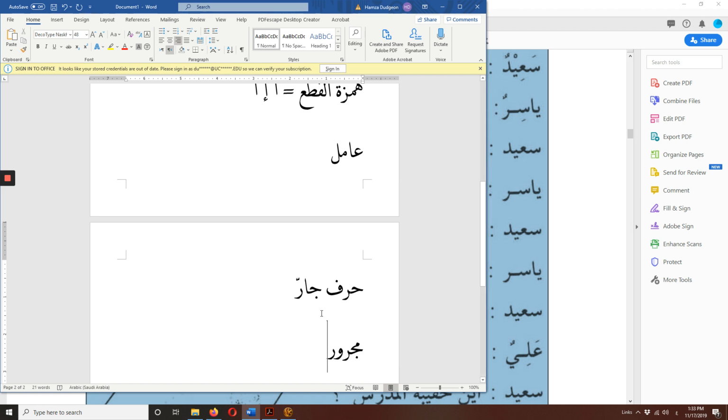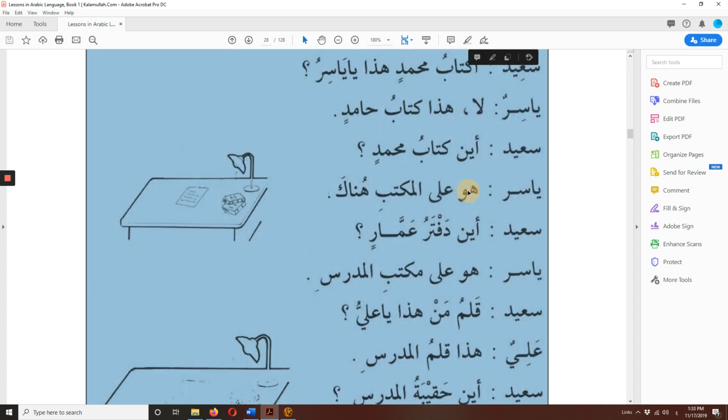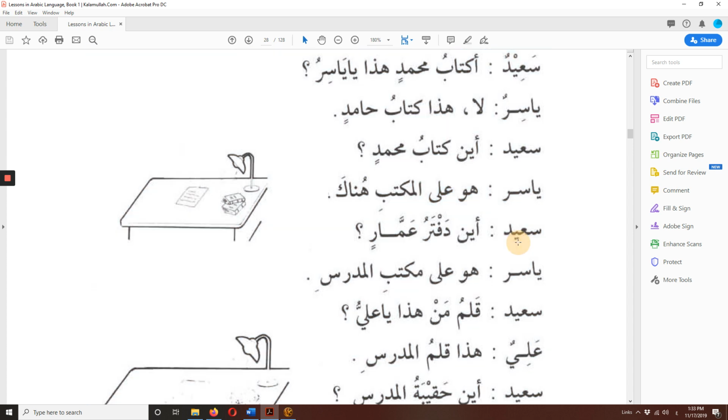Harf jar will make the next word majroor, meaning that it has a kasra or kasratain, like ammarin. So هو على المكتب هناك. So maktab is majroor. Ala is harf jar. It's an amil. It's a harf. So we will go to the next one.